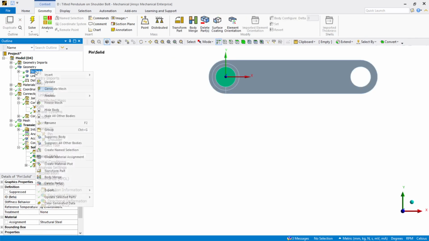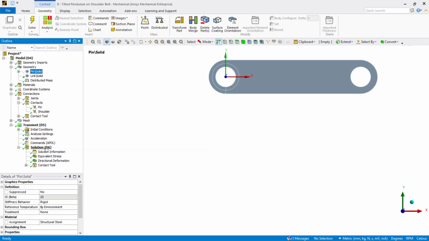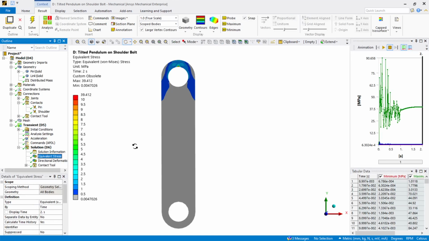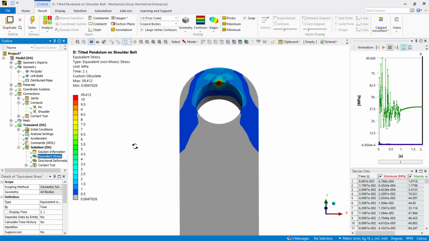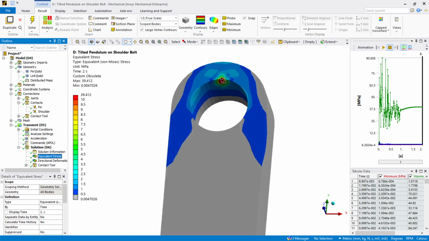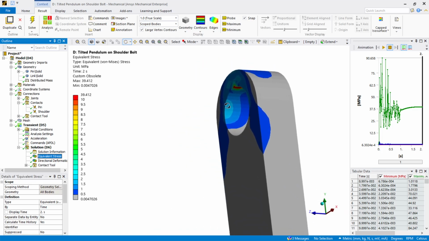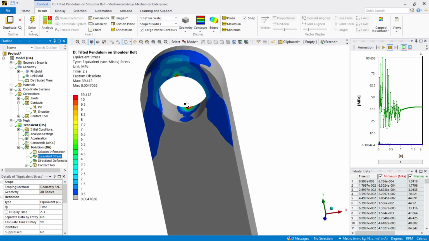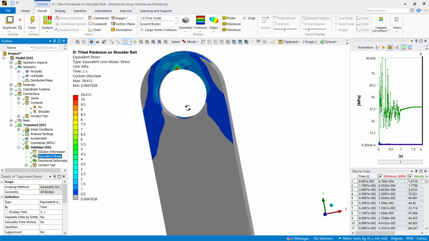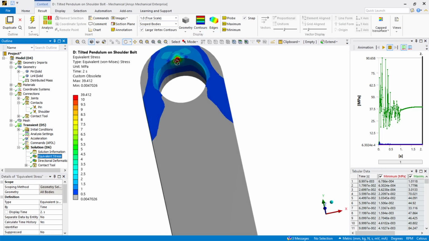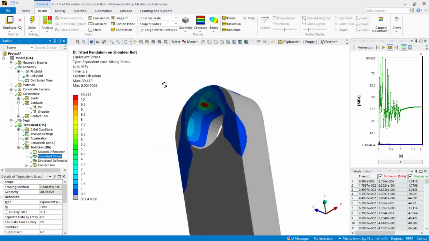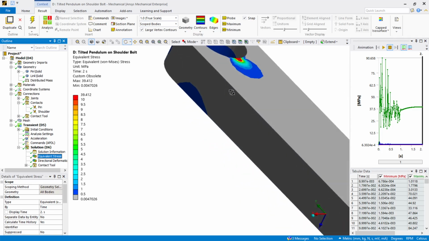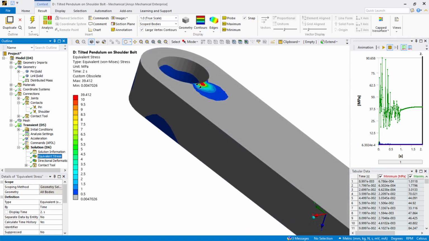What's interesting here is the stress distribution. So I'm going to hide that body so we can look at the stress. And what we can see at the end is that this is again in a tilted plane. So the clearance has allowed the contact to develop on the bottom of the hole on the back of the link and the top of the hole at the front of the link, and on the back of the link the shoulder is touching this area as well.